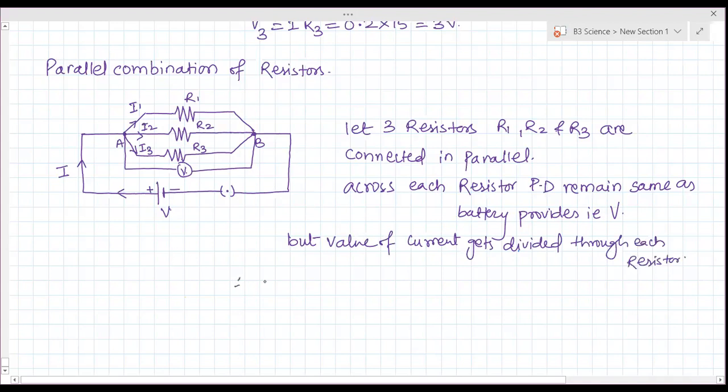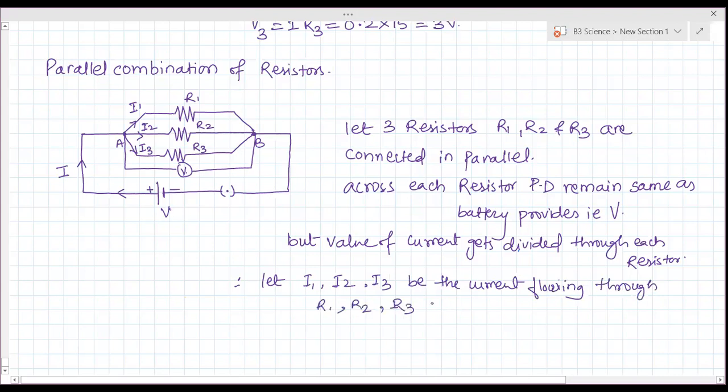So let I1, I2 and I3 be the currents flowing through R1, R2 and R3 respectively. Clear?